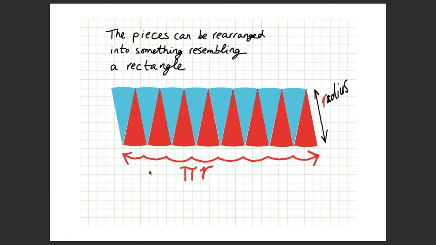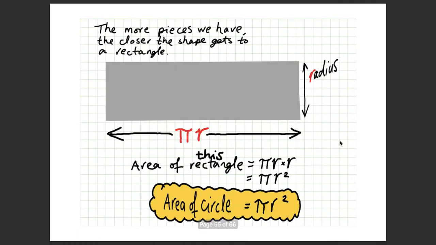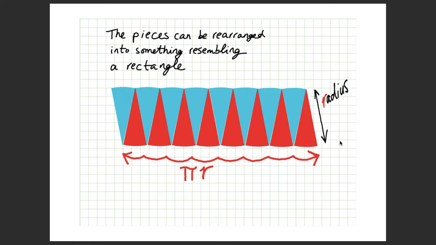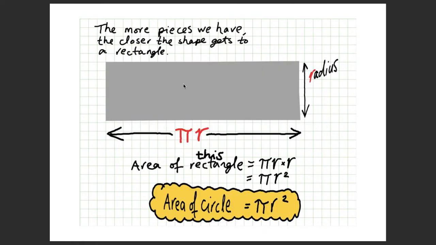So you've got the pi times r along the edge, that was just the red length, or indeed the blue length along the top, and then the radius of the circle down the side, because it's the center of the circle to the edge. So you've got a kind of rectangle that's pi times r one way and r, the radius, the other way. And in fact, the more pieces you use, the more it will resemble a rectangle.